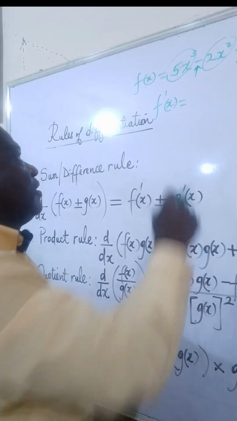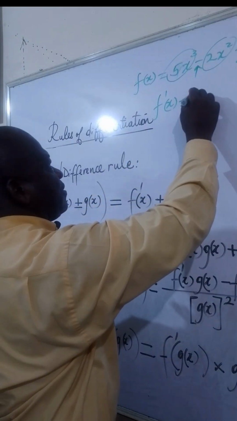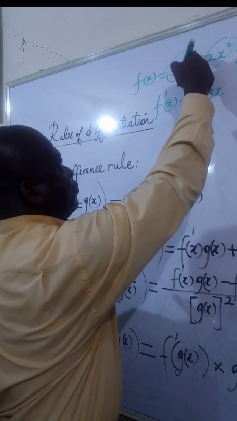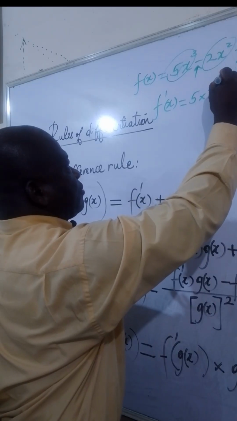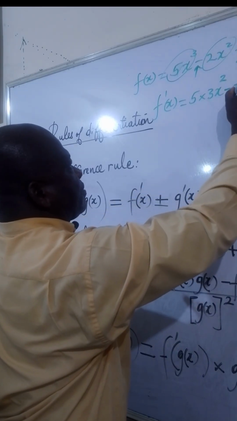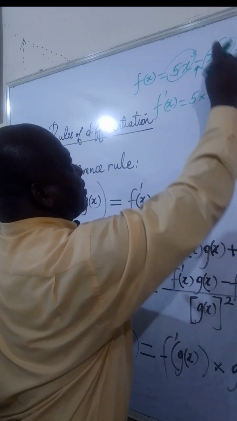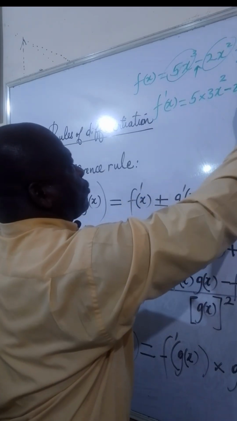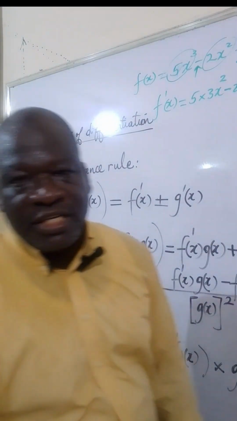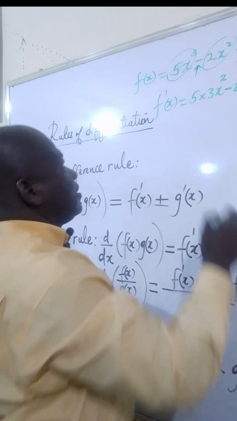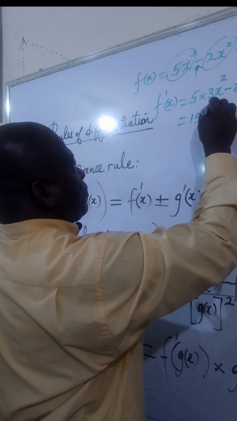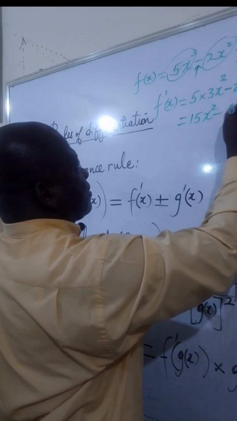That's 5 times 3 x raised to power, reduce your 3 by 1, that's power 2, minus 2 times 2 x raised to power 2 minus 1, which is 1. Differentiation of any constant number is 0. So it can be simplified to 15x raised to power 2 minus 4x.